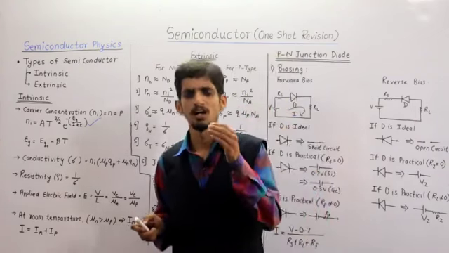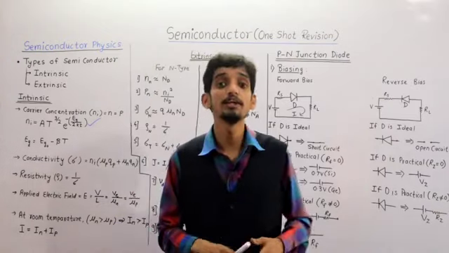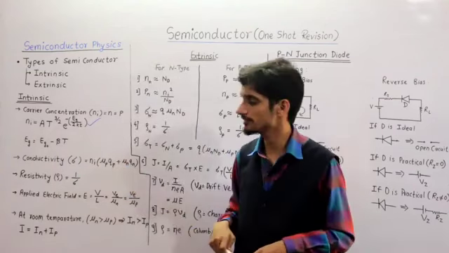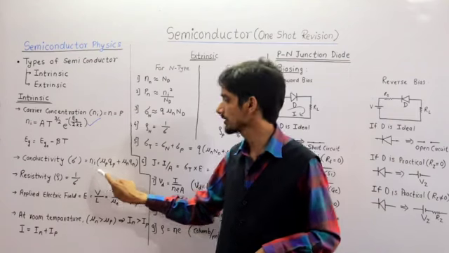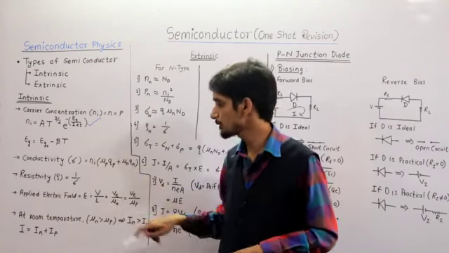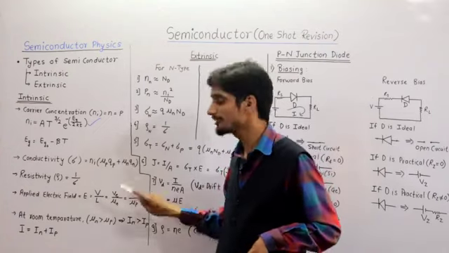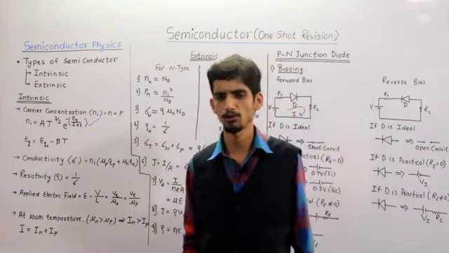Next come formulas which are very important from your JEE and NEET point of view, in which you will find questions in the paper based on the conductivity and resistivity of a material. The conductivity of an intrinsic semiconductor is sigma, which is equal to Ni, the intrinsic carrier concentration, into bracket mu p Qp plus mu n Qn, where mu p is the mobility of holes, Qp is the charge on holes, mu n is the mobility of electrons, and Qn is the charge on electrons.